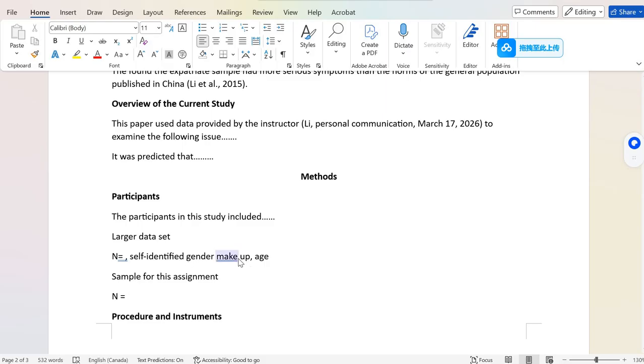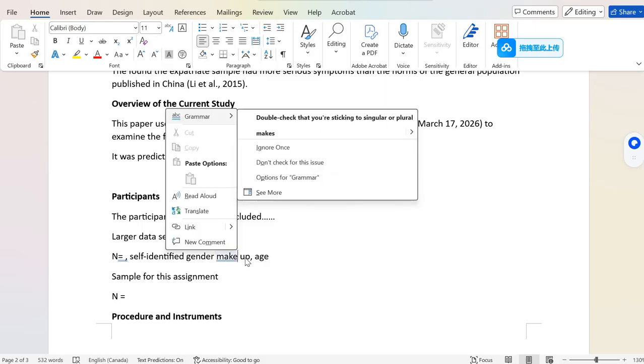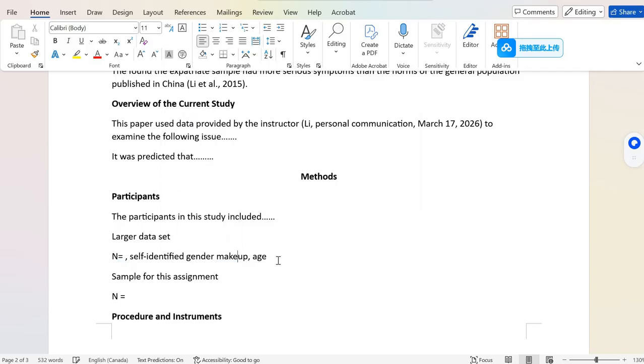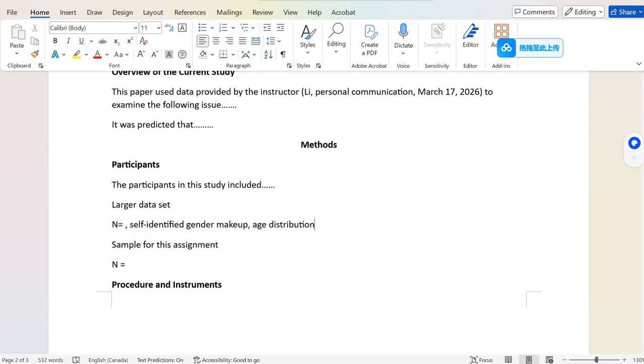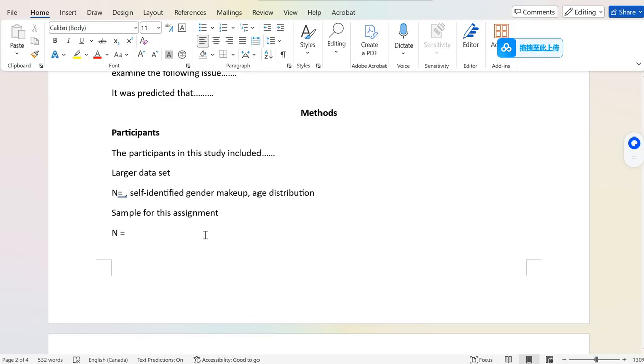The gender makeup and the age distribution should be the same. This sample's uniqueness is that some of them reported suicide, some of them reported having interpersonal conflict.